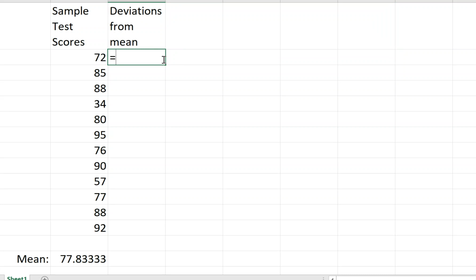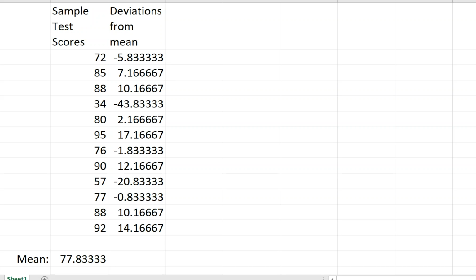So I'm going to type equals, and I'm going to take the data value minus the mean. Okay? And then I'm going to use that same formula for the rest of these. So all I did was subtract my data value minus the mean to see how far my data values are from the mean. Now you can see some of these deviations are negative and some are positive.